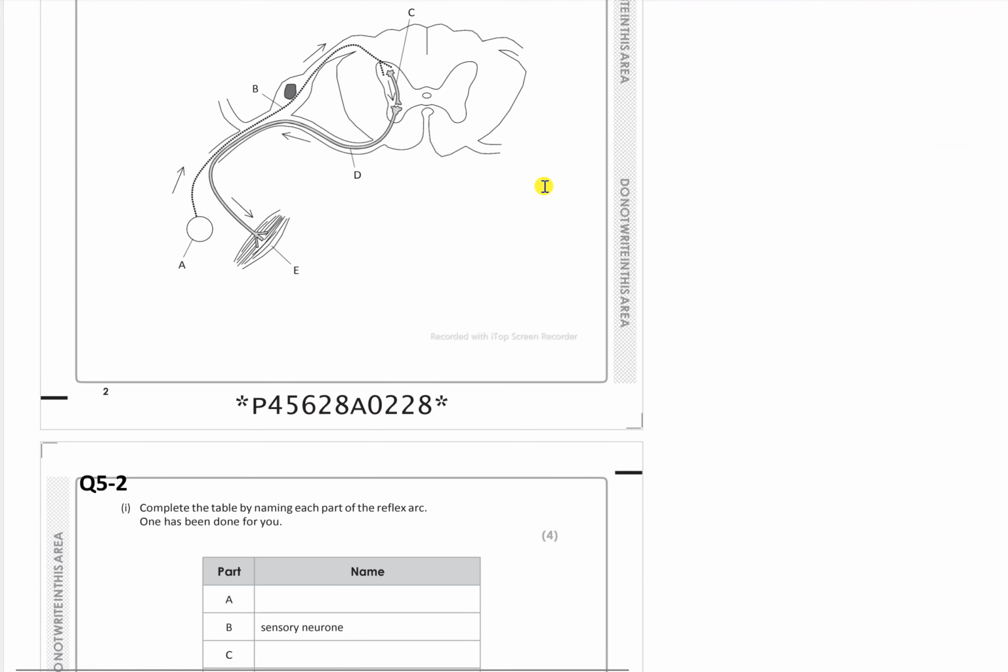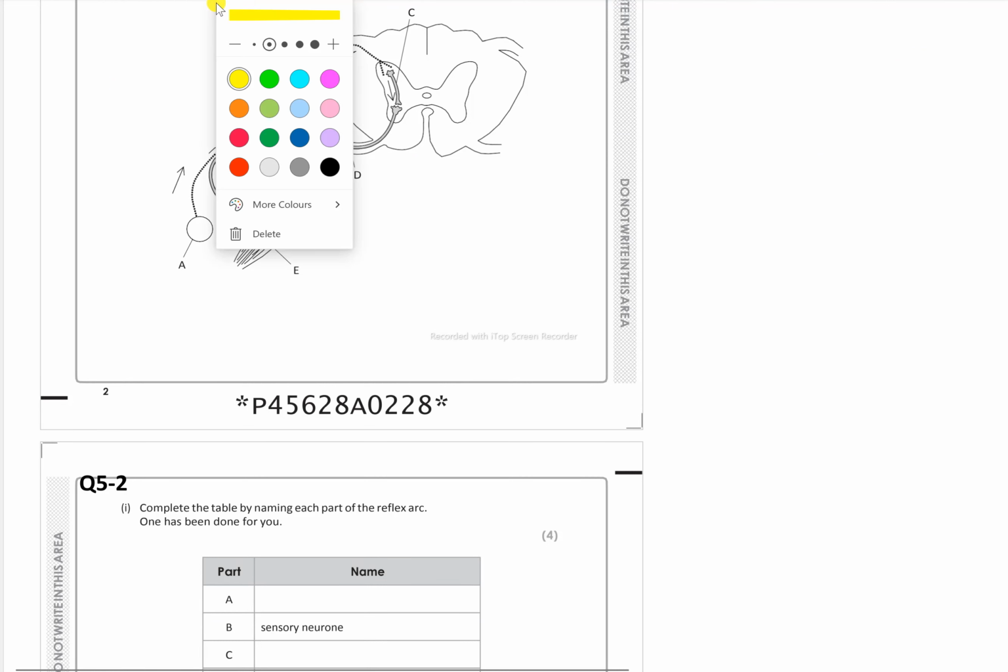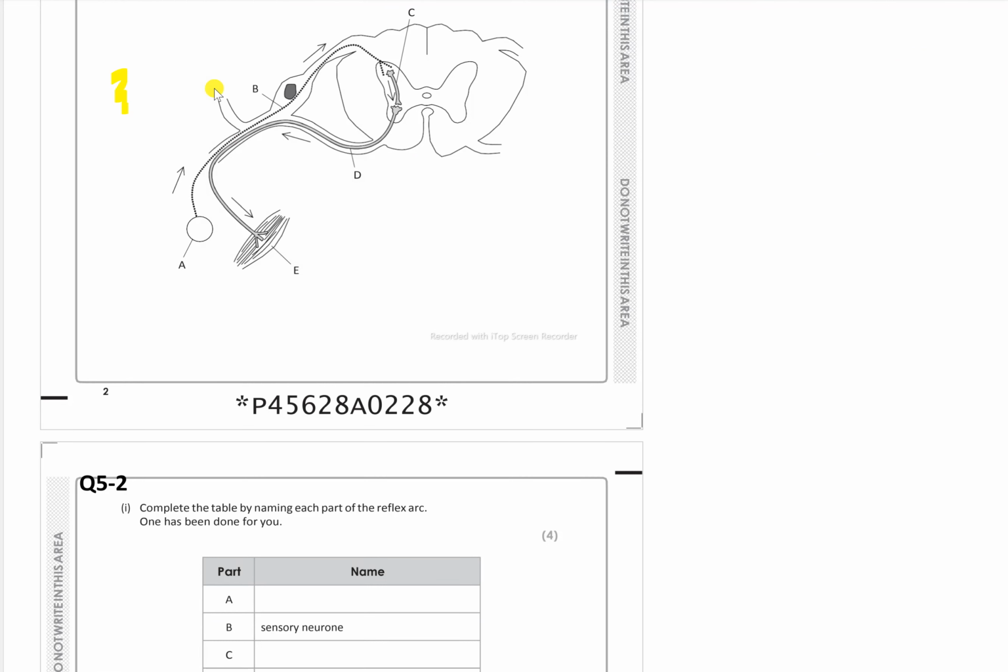This is a tricky one, just visually. The signal is traveling up here, so this dotted one must be the sensory neuron. It goes into the green bit here, which is part of your central nervous system.